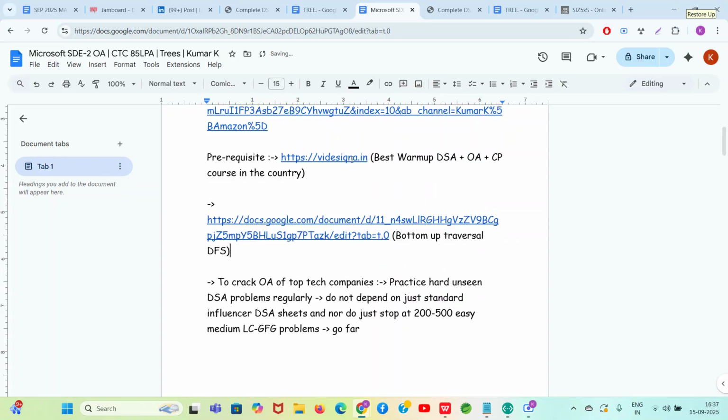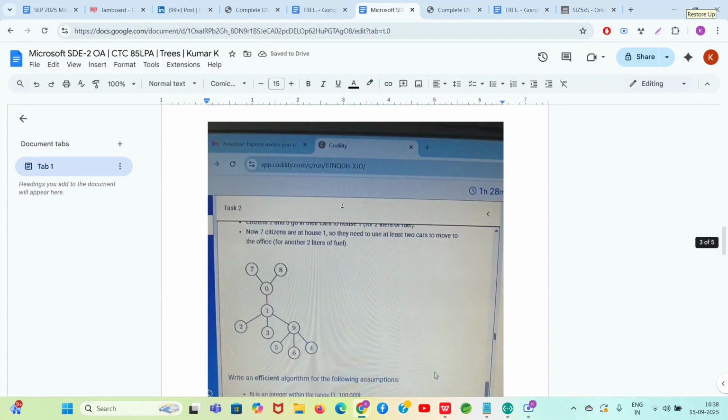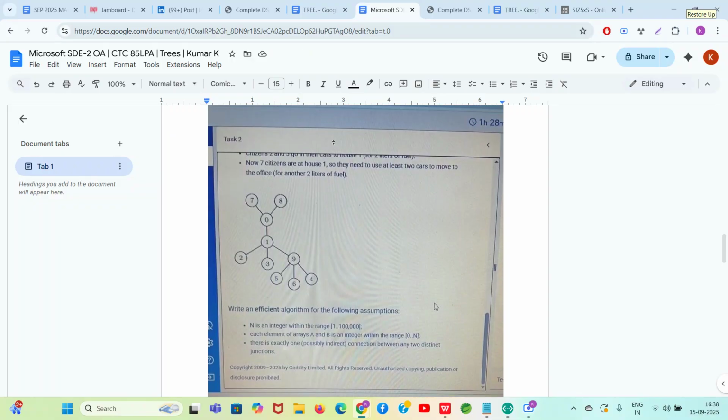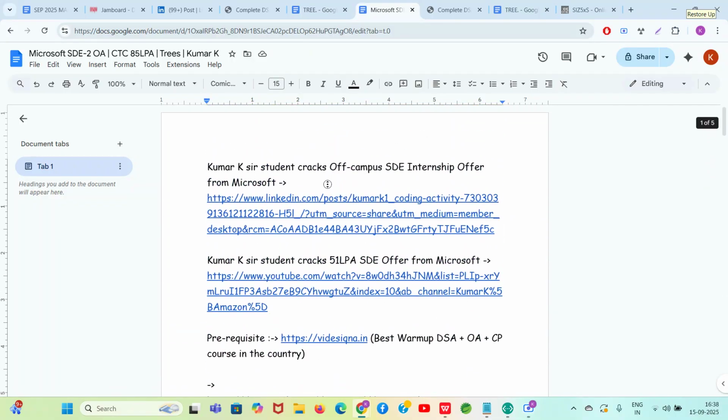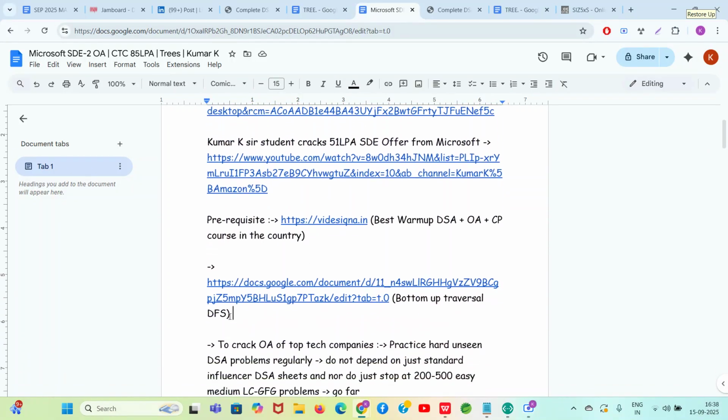When we talk about trees in online assessments, they are going to give you general trees, not binary trees. So bottom up traversal DFS plus DP is a very nice OA plus CP trick. You might not be knowing it, but now you know. Go through the course, go through the videos, understand it nicely, so these things are clear to you.